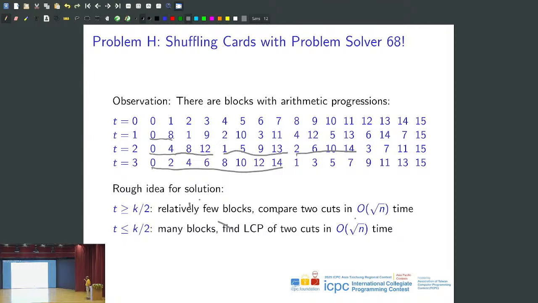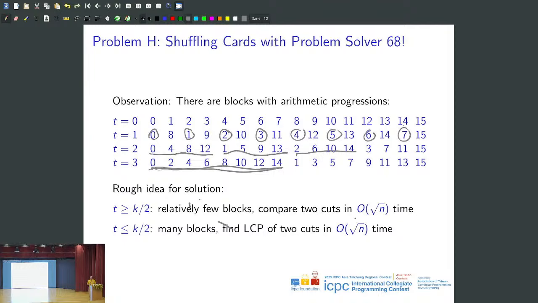But if T is very small, then you can do a similar strategy, but basically the other way around, right? If T is big, you have very long blocks. But if T is very small, you have these things.